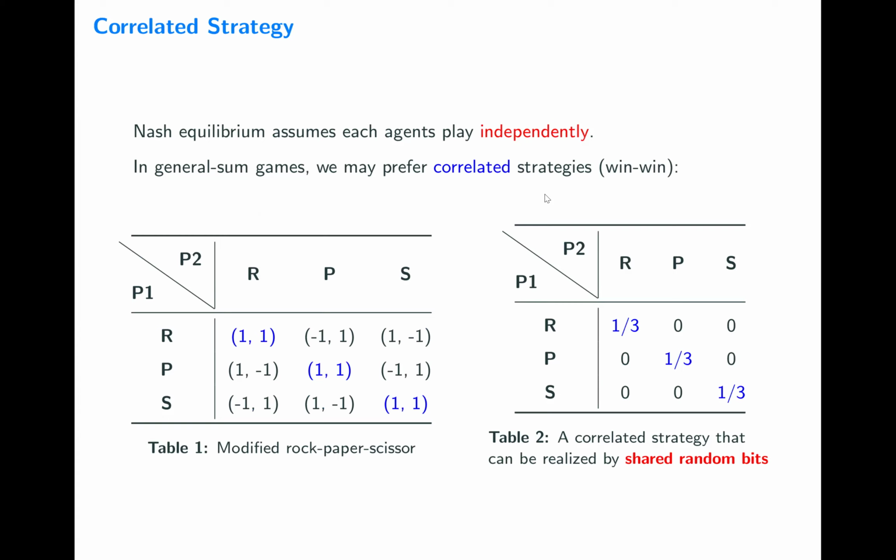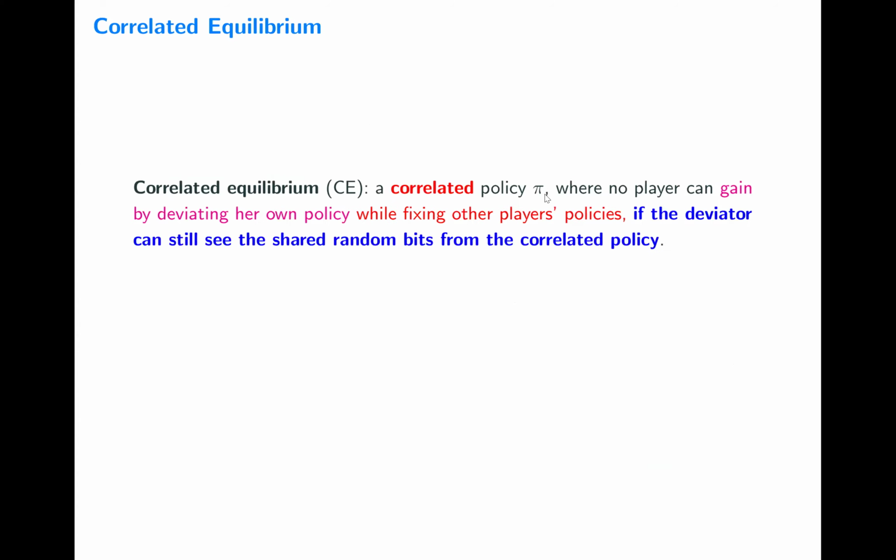So in that case, this is an equilibrium. But on the other hand, it's not a correlated equilibrium, because if you betray and you can see the shared randomness, then you'll know exactly what action your opponent is playing. So you can just play the best response. For example, if you know the opponent is playing rock, you can just play paper and beat them. So in that case, this is not a correlated equilibrium.